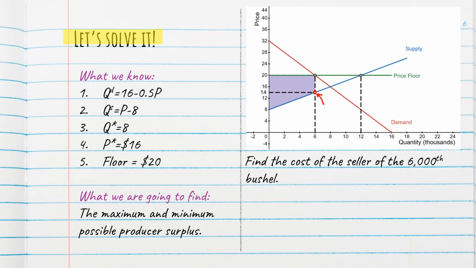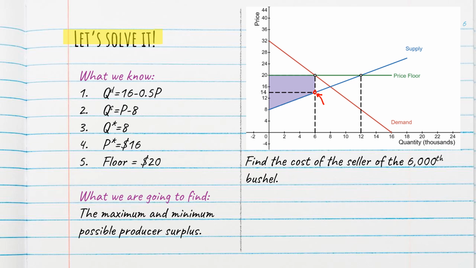Without this value 14, we're not able to add the area of the rectangle to the area of the triangle. So we need to sketch the picture, identify that the first 6,000 sellers supply this good, but we need to know the cost to that final seller, that 6,000th seller.